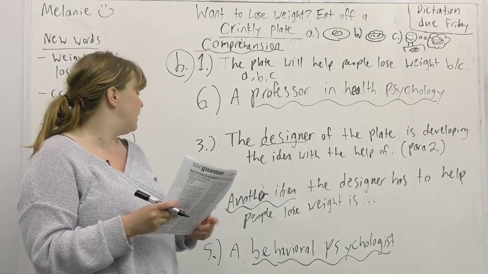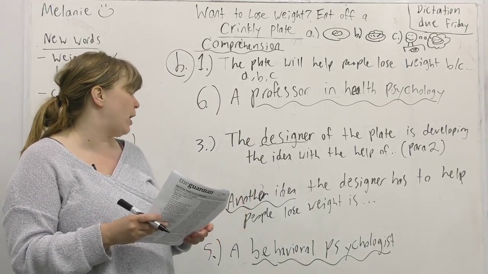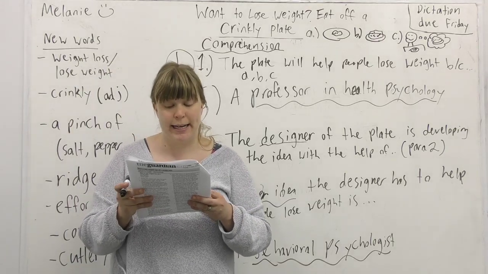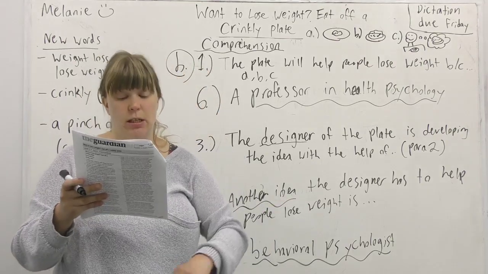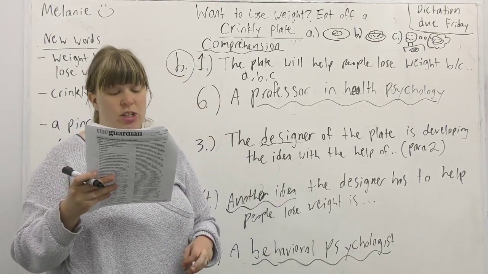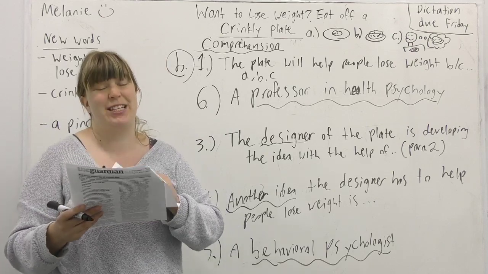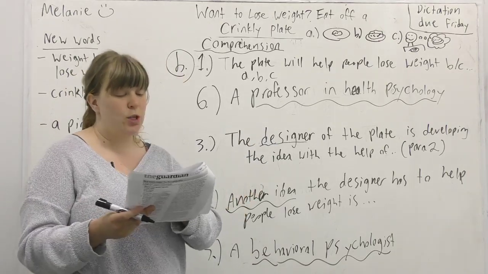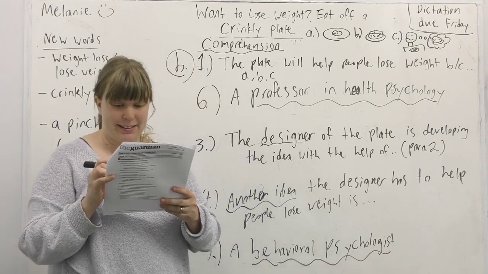Number 4, another idea the designer has to help people lose weight is A, smaller glass plates that show how much food you have left. B, cutlery that slows down the speed you eat. C, plates with ridges making eating very stressful. For this one, let's take a look.